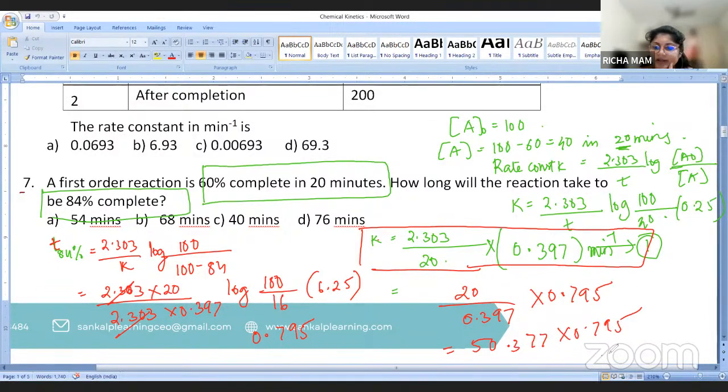How much are you getting? I got 40.05 minutes. How much have you got? Option number C.